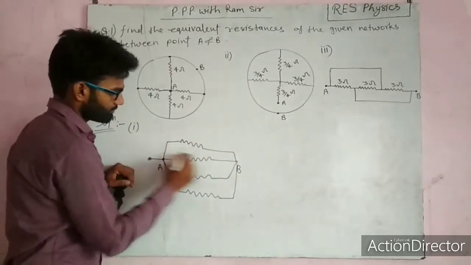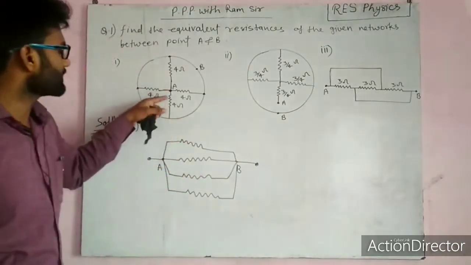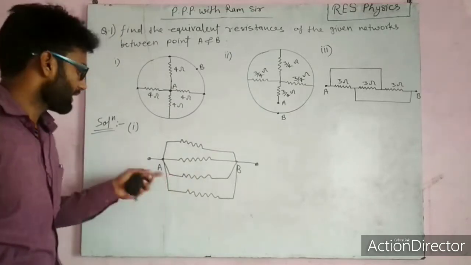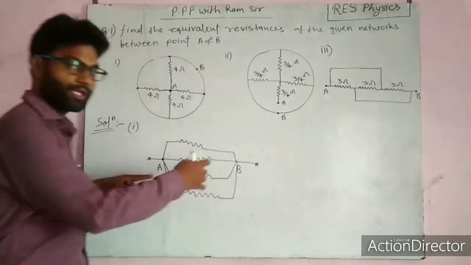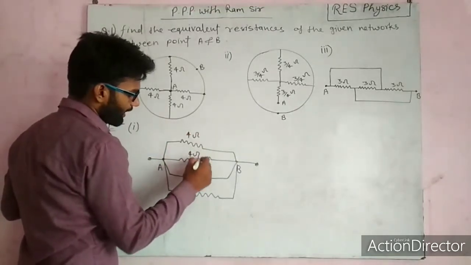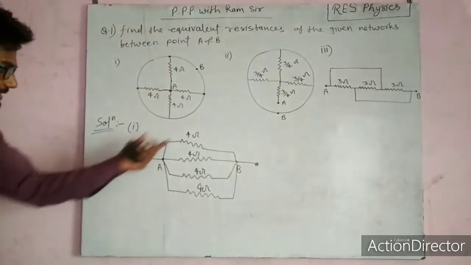Right. So as we can see, all these resistances are connected in parallel between points A and B, right? So simply we can calculate the equivalent resistance of all these 4 resistances, right?